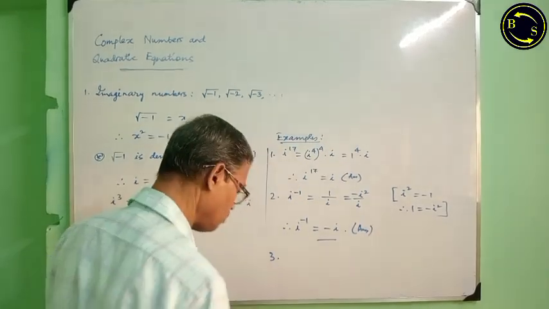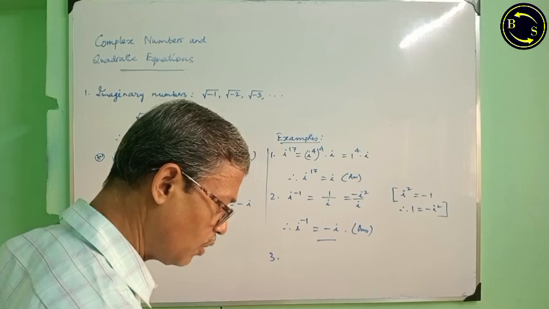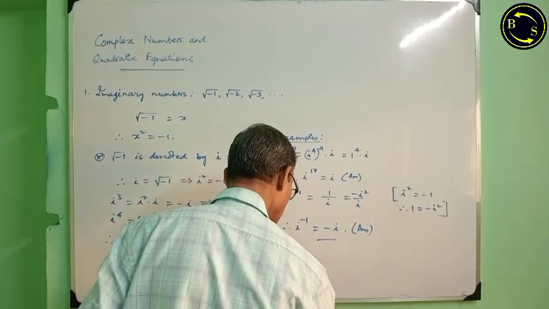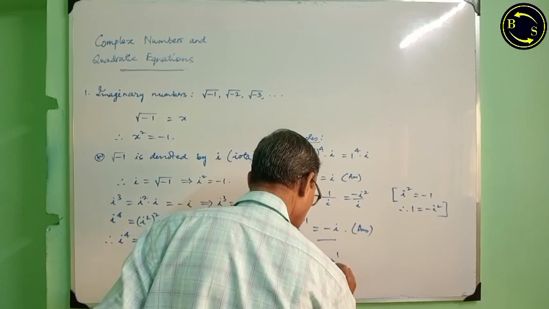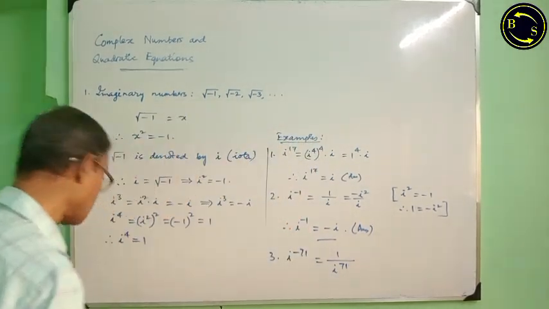Then another sum, i to the power minus 71. That means 1 by i to the power 71.